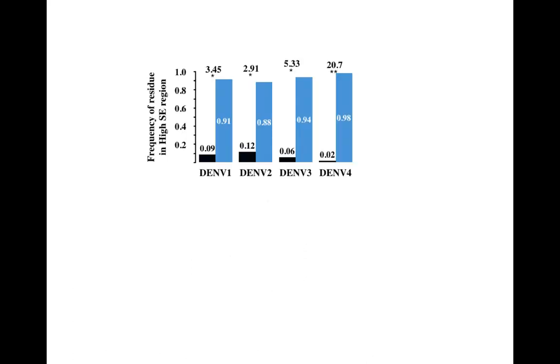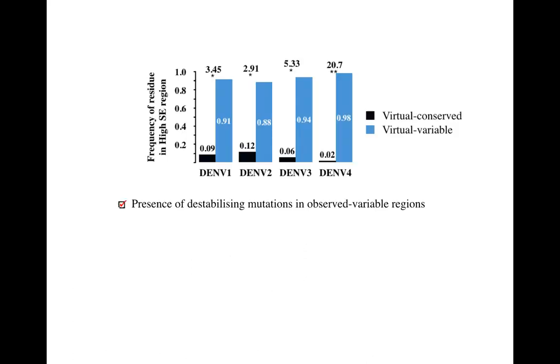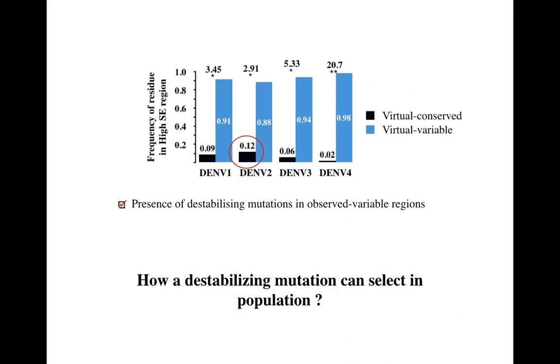Now, we see an interesting observation, which is the presence of destabilizing mutations in observed variable regions. Now, how can a destabilizing mutation be selected in a viral population?